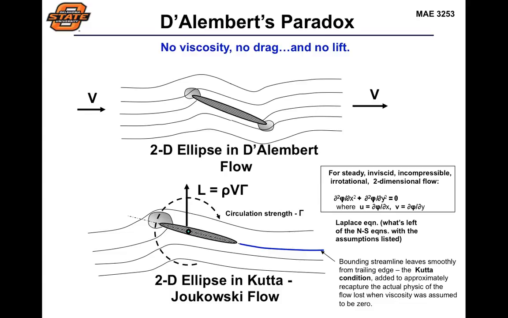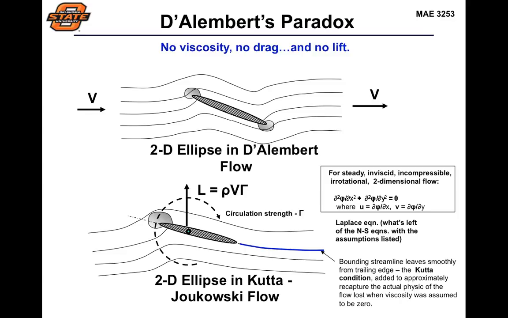Now, what actually related this back to what we see in the real world is this condition called the Kutta condition, where you take a circulation about the airfoil rather than having a purely irrotational flow.